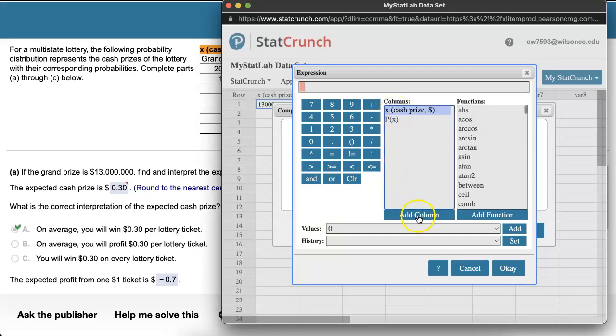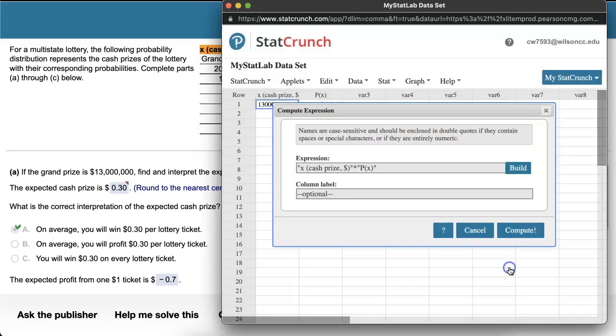You can either click on it and click Add Column, or you can double click that spot. Notice that it's added the column name and it's already included the quotations like we need it to be here to operate in StatCrunch. Again, we're taking those cash prizes and multiplying by the probabilities. And then from there, let's click OK.